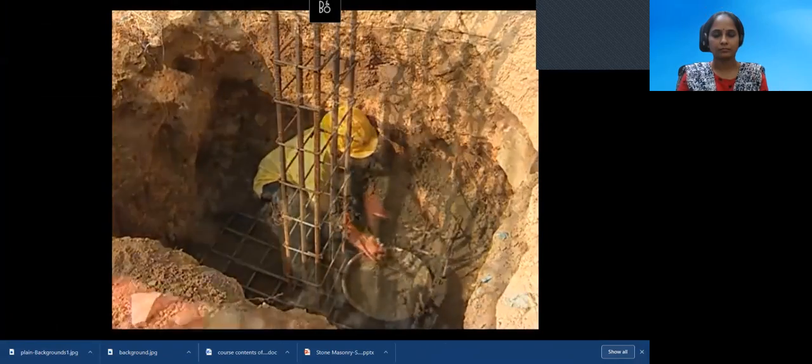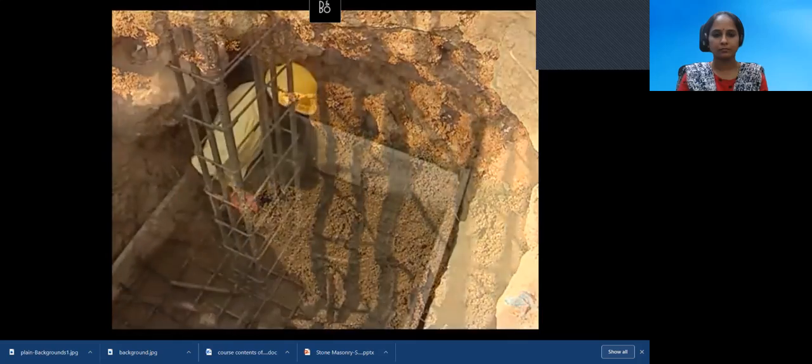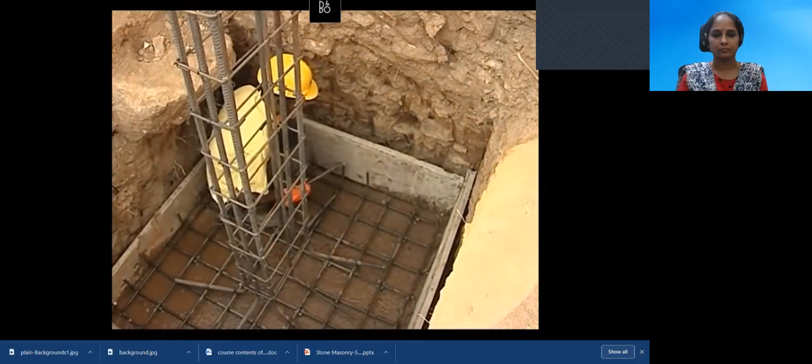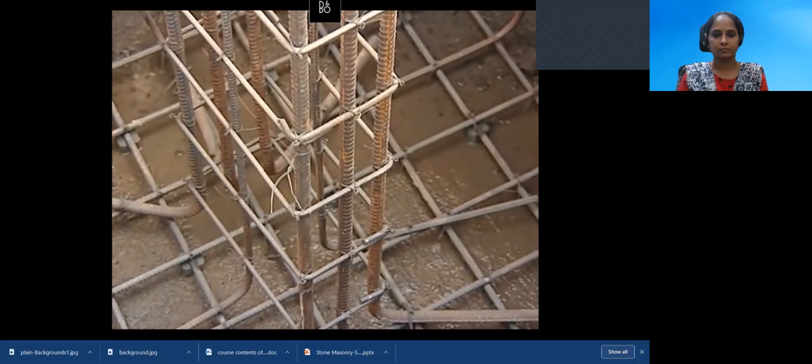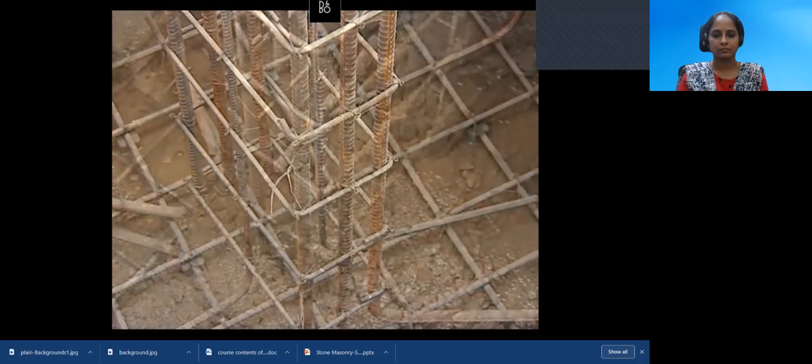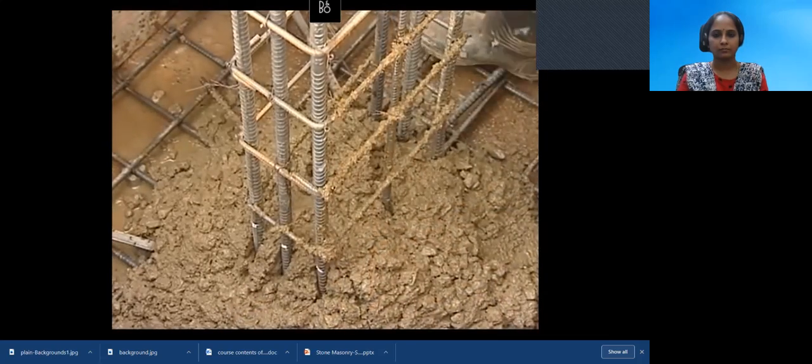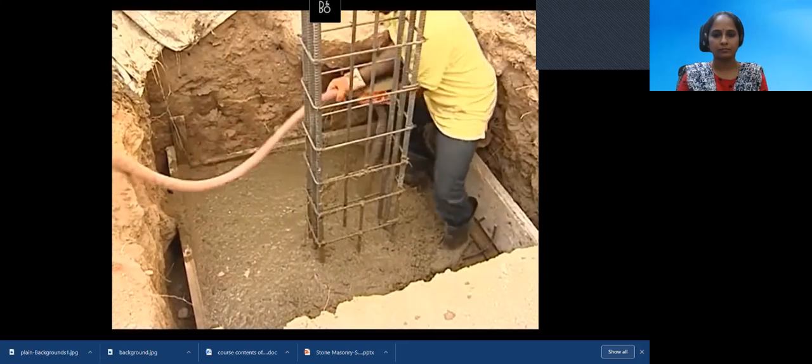The sides of the trench have to be splashed with cement mortar. Necessary shuttering is to be provided depending on the type of the footing. The bed shall be cleaned of all the foreign material and wetted before pouring the concrete. Concrete shall be compacted using mechanical vibrator.